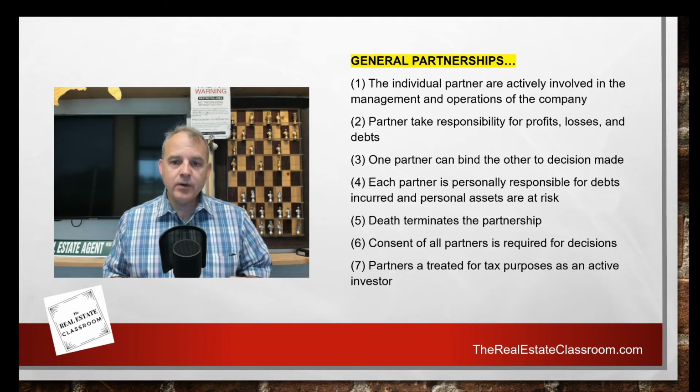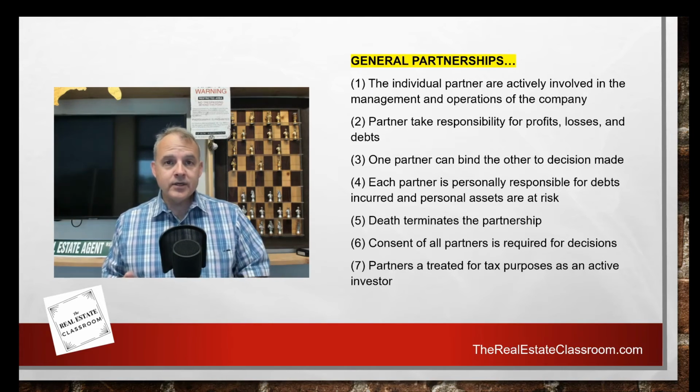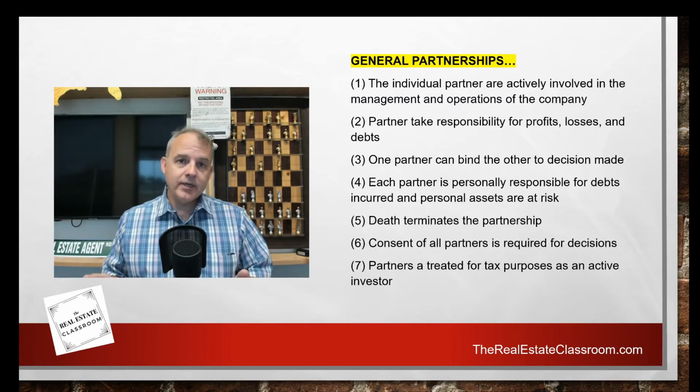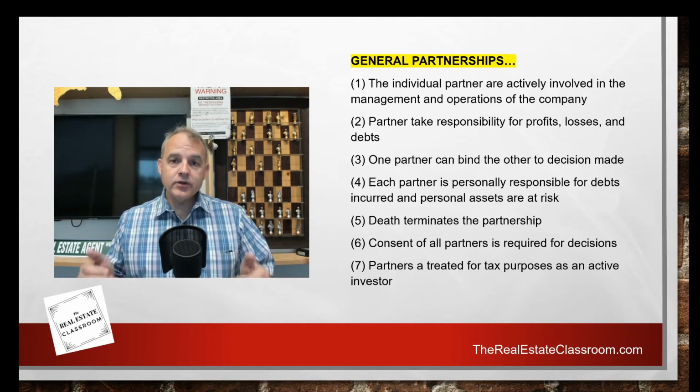Number 4, each partner is personally responsible for the debts incurred, and their personal assets are at risk. So that partner that took off to Brazil, leaving the other two with $500,000 in debt, well, those other two, their personal assets, their house, their vehicles, and things like that are at risk because of that debt. All right.